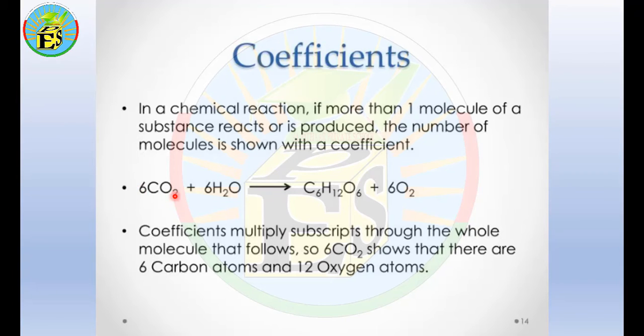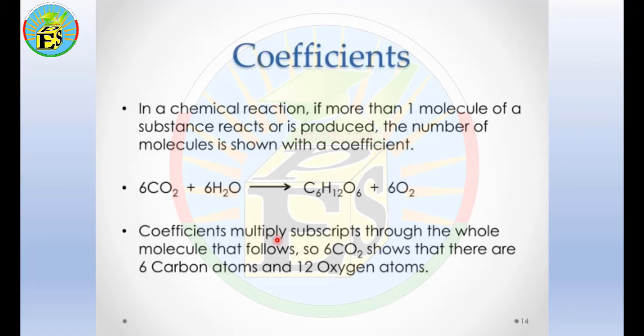It means I have two atoms of oxygen, 2 atoms of hydrogen, 6 atoms of carbon, 12 atoms of hydrogen, 6 atoms of oxygen. But 6 means we have 6 molecules of carbon dioxide and 6 molecules of water, 1 molecule of this product and 6 molecules of oxygen.